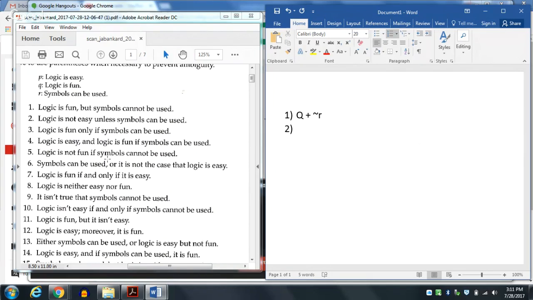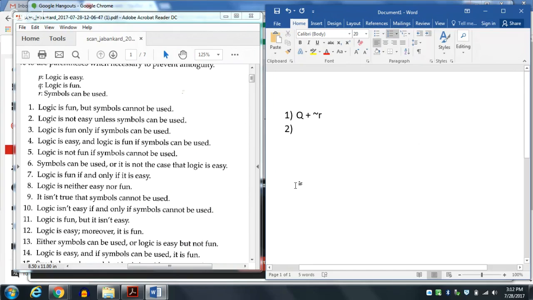Number two, logic is not easy unless symbols can be used. Again, if you look at our logic key that I gave you, it's on Canvas. The unless shows up under the conditional, under the if-then. Anytime you see an unless in the middle of a sentence like this, what comes after the unless gets negated.